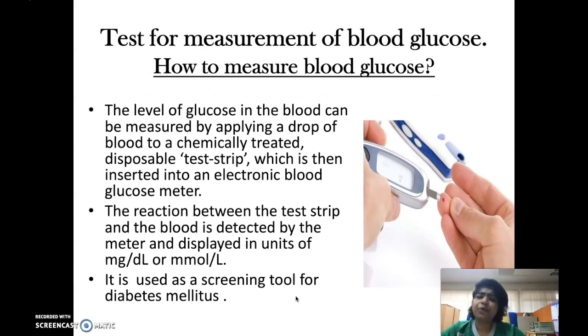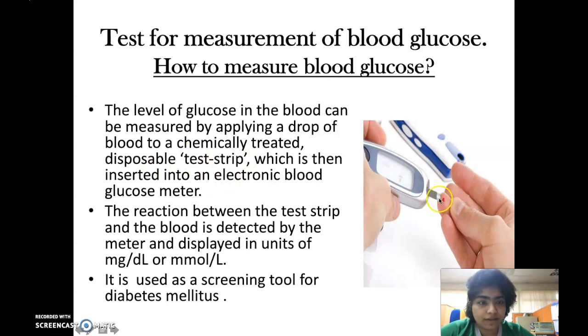So now, how do you do the glucose blood test? Like, how do you measure the blood glucose? Okay, the level of glucose in the blood can be measured by applying a drop of blood to a chemical strip. So you first have to prick the skin and take the drop of blood, as you can see in this picture. Apply the drop of blood onto the chemically treated disposable test strip.